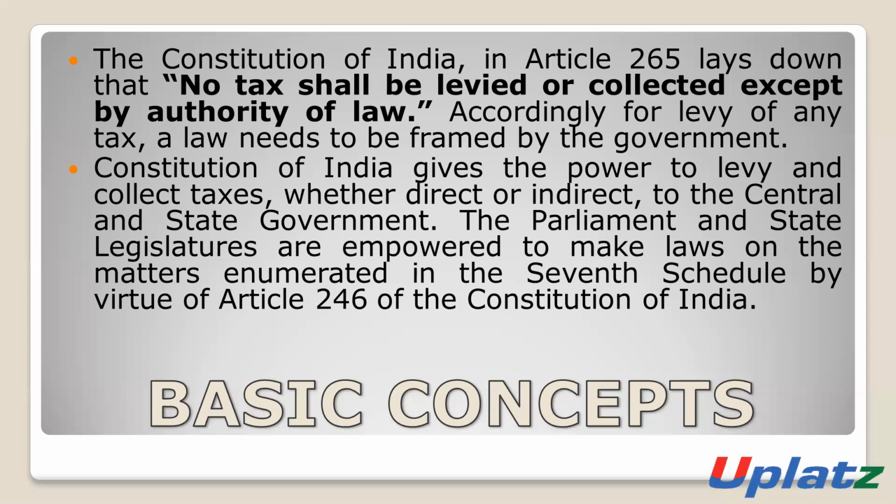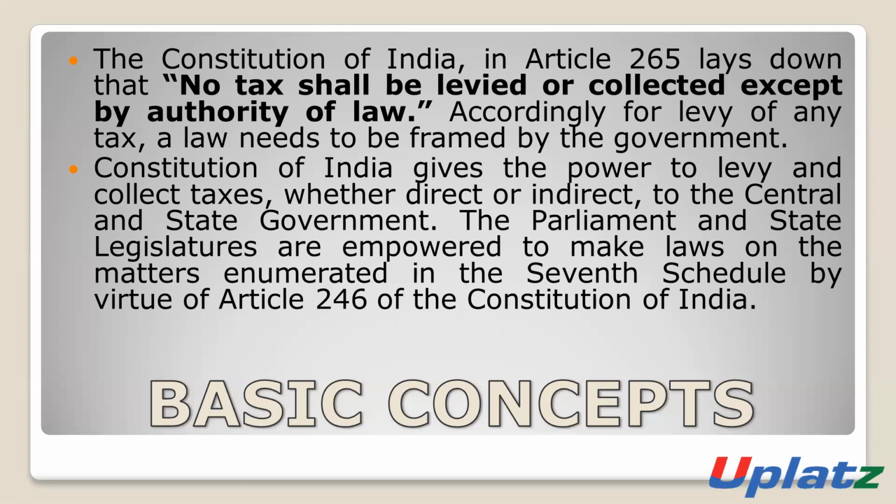The Parliament and the state legislature are empowered to make laws on the matters which are given in the seventh schedule by virtue of Article 246 of the Constitution of India.